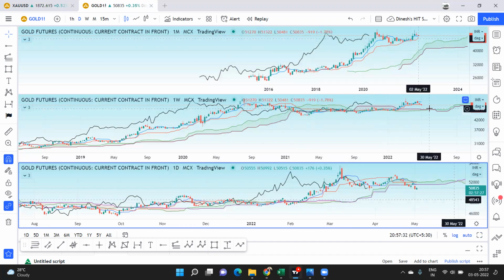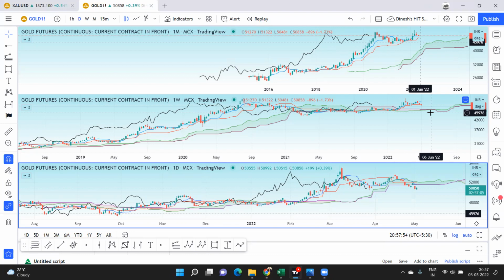If 49,000 gives way, then we are probably looking at all the way down to 46,500 to 47,000. 46,500 would be a level I would be looking at in that case, which would again be in line with 1675 to $1,600.